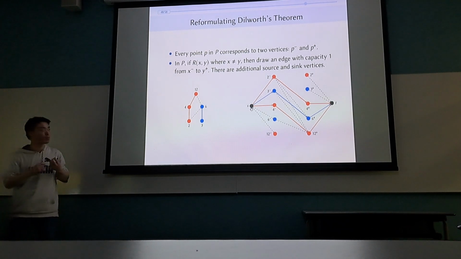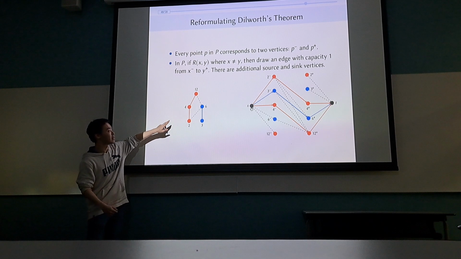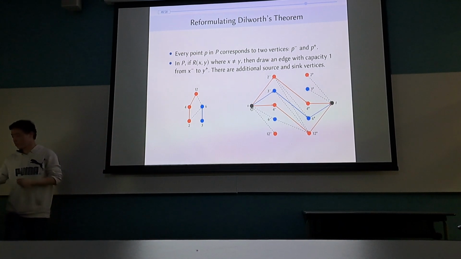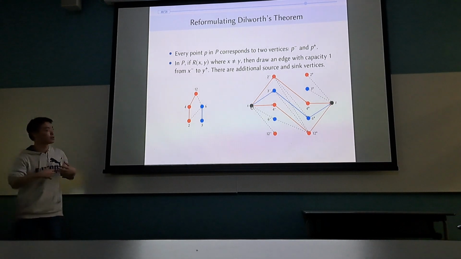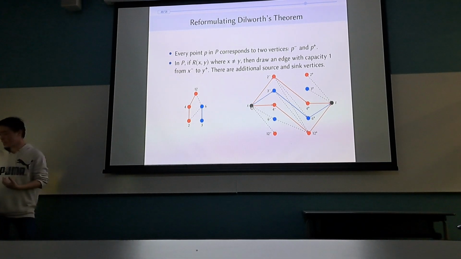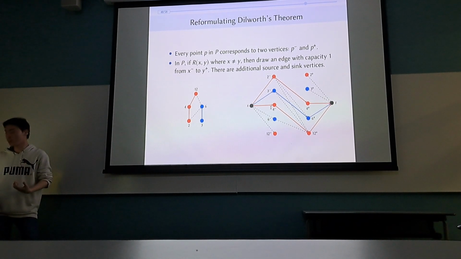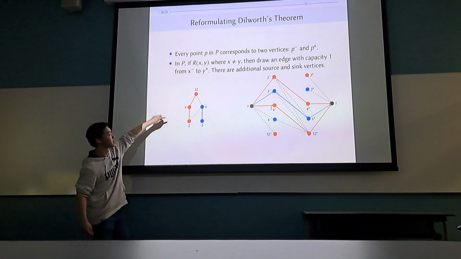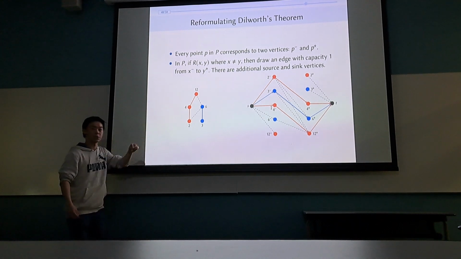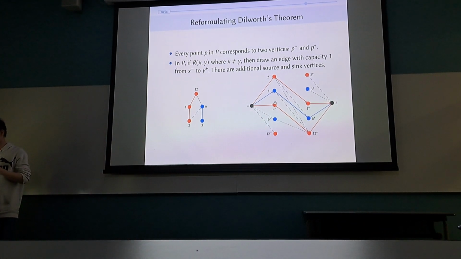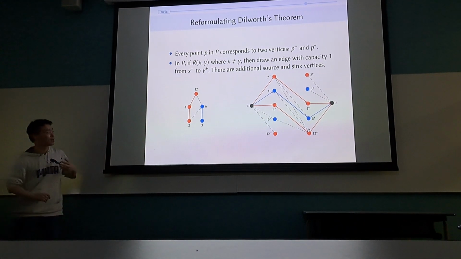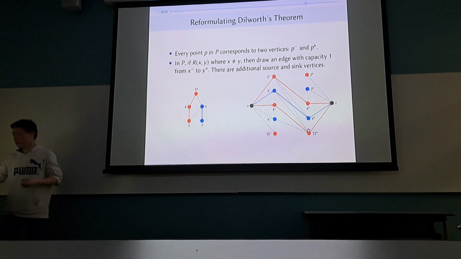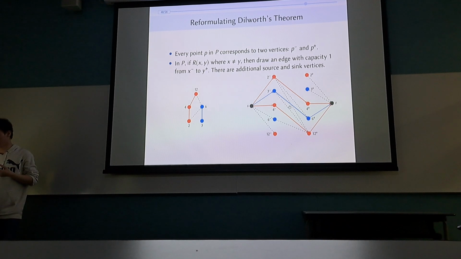Now, we know that there is an edge from 4 to 12 in my chain. So on my flow network, I'm going to have a saturated edge from 4 minus to 12 plus, and that will represent this edge here along my chain. And likewise, if I consider just the 3 to 6, then that's going to correspond to the blue edge here.